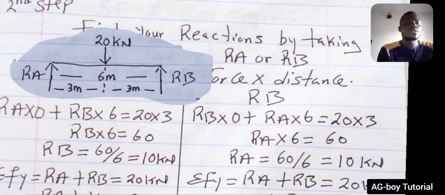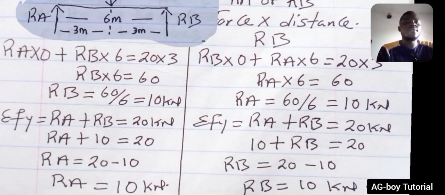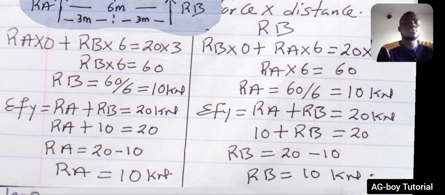Okay, going further from our equation 1, remember we have RA plus RB equals 20 kilonewton. Now, by substituting our RA, which is 10 kilonewton, into this RA here, we are going to have 10 kilonewton plus RB equals 20 kilonewton.